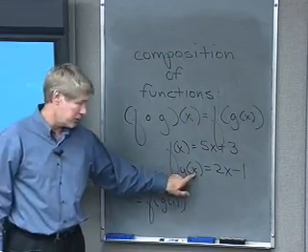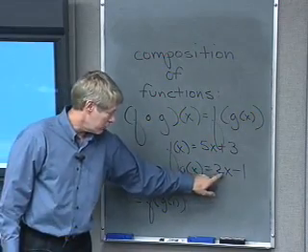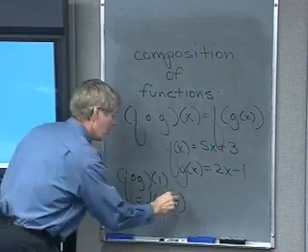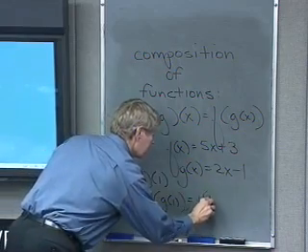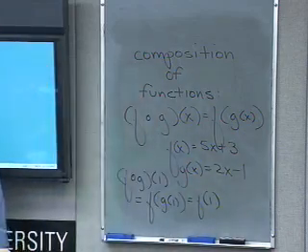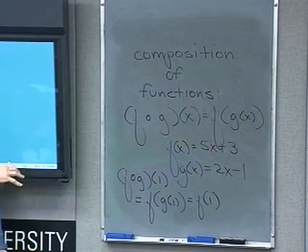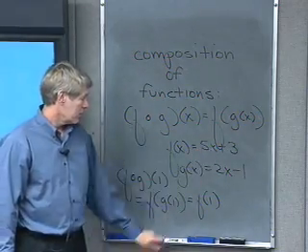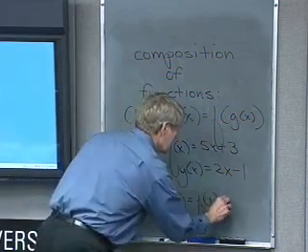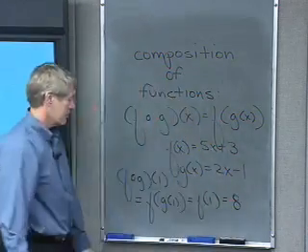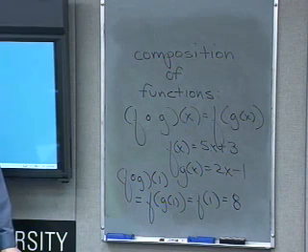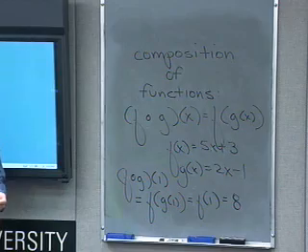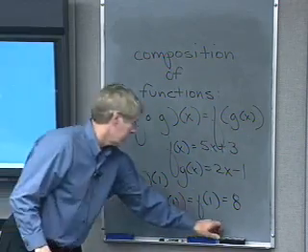Okay, we throw 1 in the variable position of the g function. So we double 1 and subtract 1. That's 1. Now that we're through taking the g of 1, we throw that final answer into the variable position of the f function, which means we put it right here. So 5 1s plus 3 is 8. Okay? Is that all right? I'm going to erase that because I'm running out of room down here.